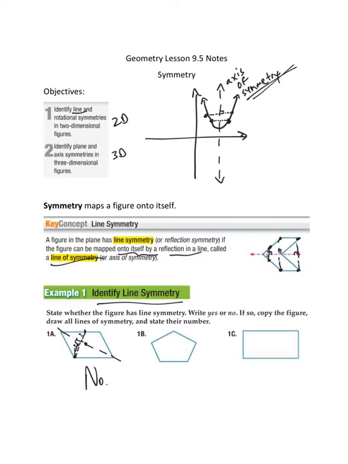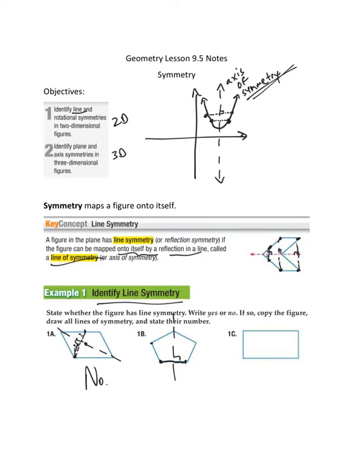Could you guys pause and try to identify that? If you did pause and try to think of it, hopefully you found it would be right through what we traditionally think of as the center. Each point, you know, that is a perpendicular bisector.